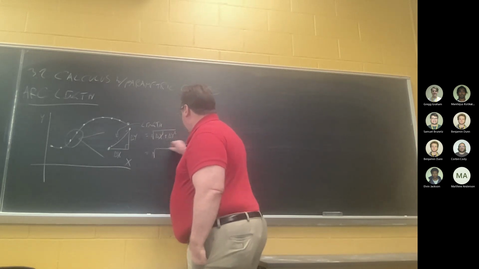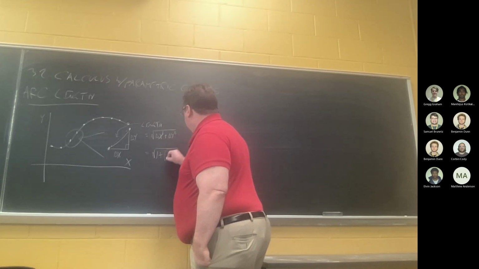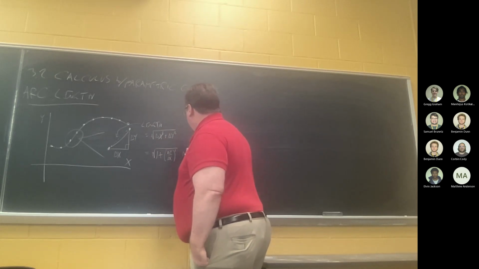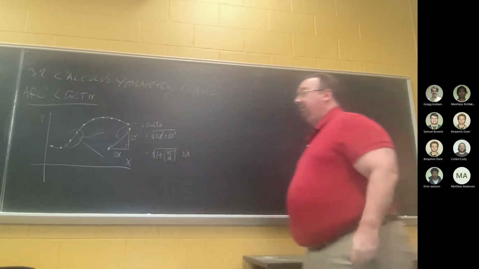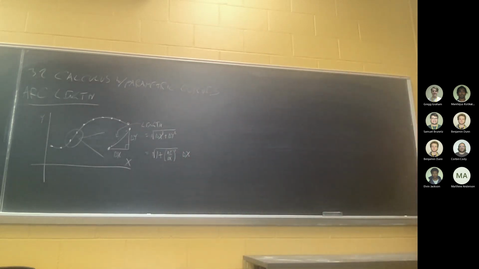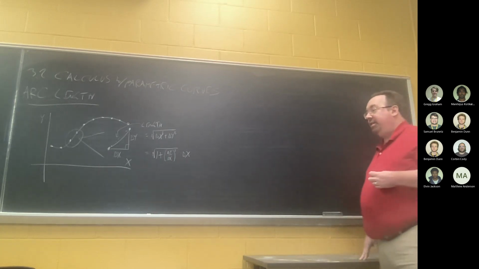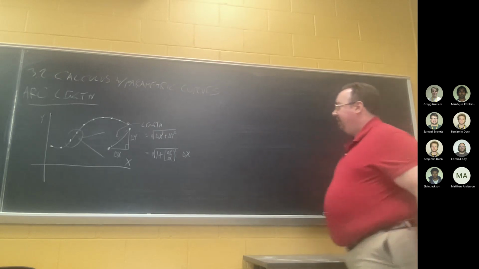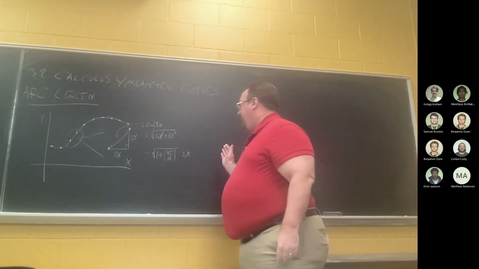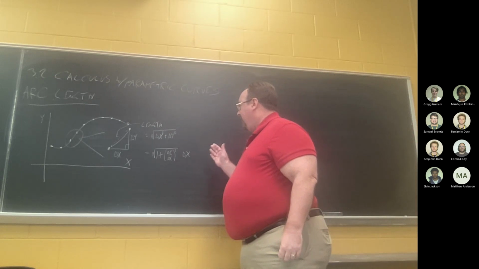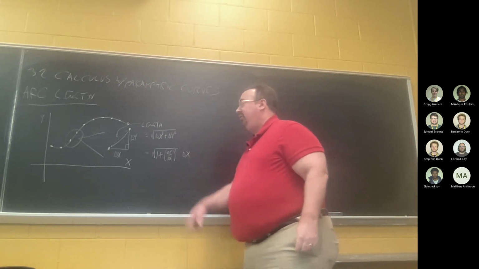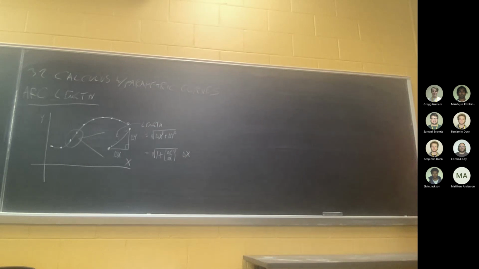So this is the same as the square root of 1 plus delta y over delta x, the whole thing squared, and then we have a delta x sitting outside. That's just one segment. If I'm adding up a bunch of these to get an approximate length, and then letting delta x go to 0, what kind of expression is that going to lead to?